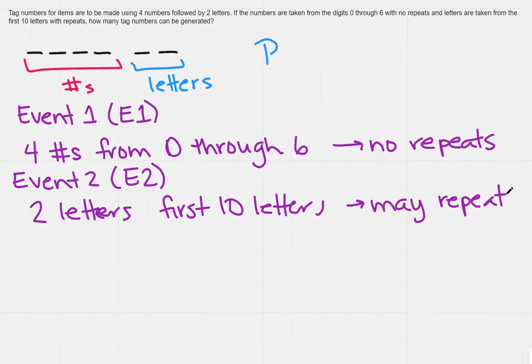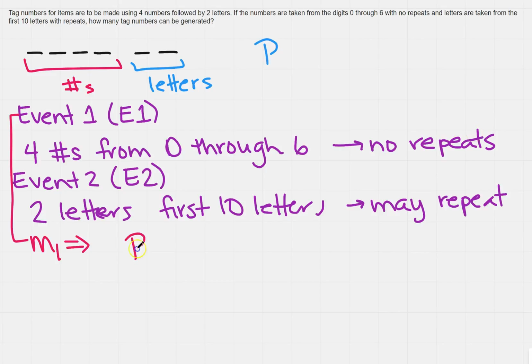So now that I have the information, what do I need to do? Well, I know that I need to use the multiplication principle because I've got to do something with each one of these. So how am I going to do that? Well, I'm going to use M1 and M2 so they can correlate together. So E1 will be with M1. Now remember we said that order was important, correct? So when it's important, that means there's no repeats.